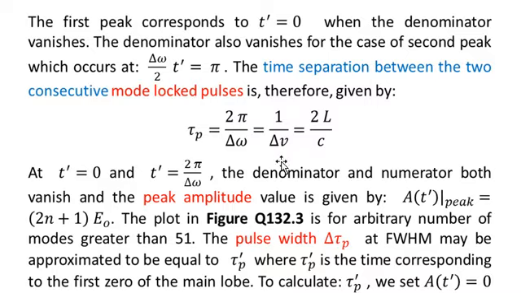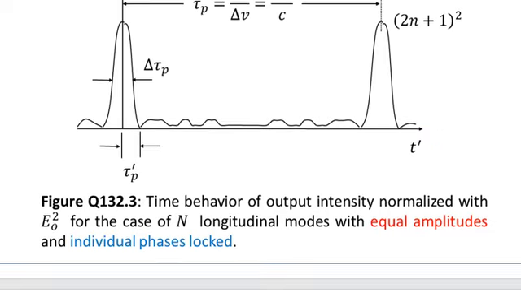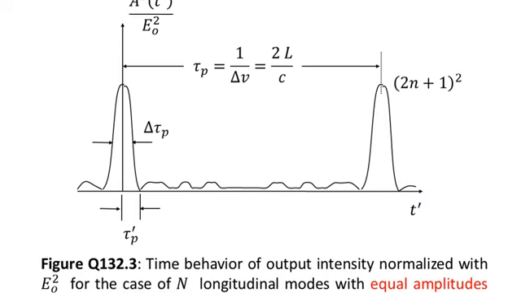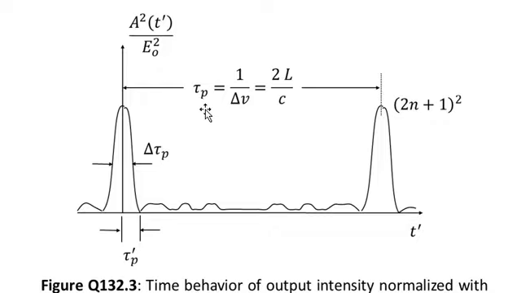And this is equal to 1 over delta nu is equal to 2L over C. And you know that this tau p, which is the separation between the two pulses, is what I have shown in the previous slide. For example, over here, you can notice this tau p, separation between the two peaks of the pulses.